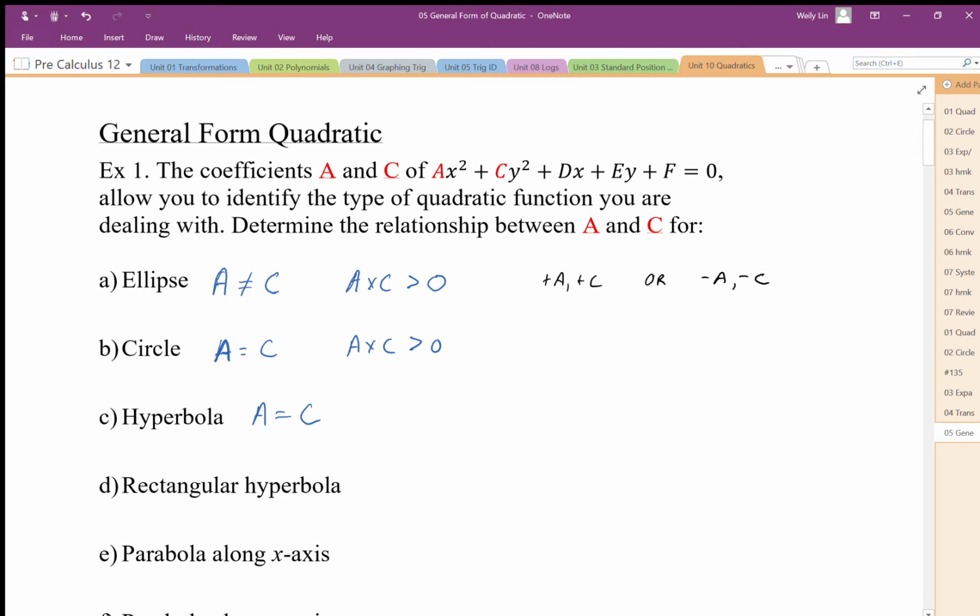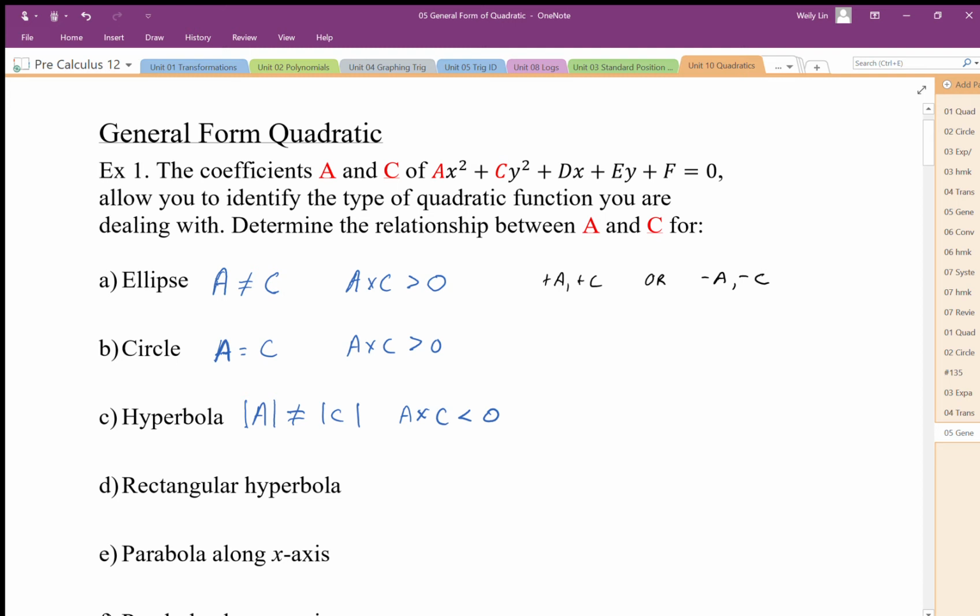Since they're opposite sign, we should write the absolute value of C is not equal to the absolute value of A. But they also have to be opposite signs. If they're opposite signs and we multiply them together, A times C is going to be negative, or less than 0.